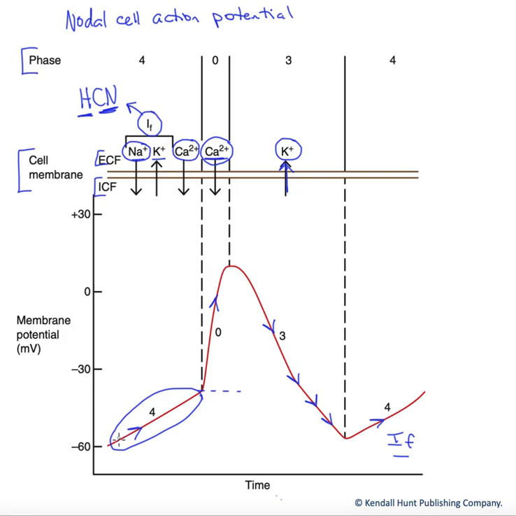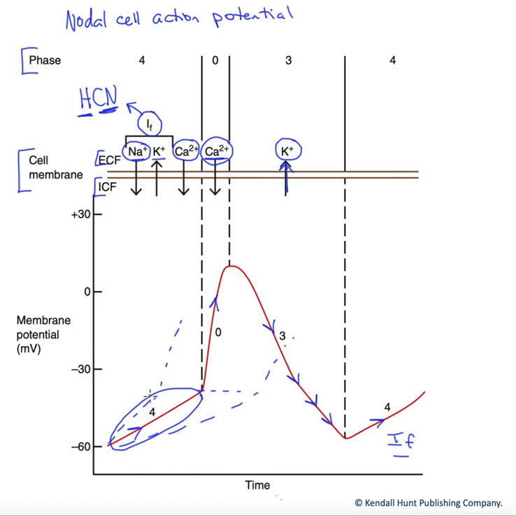And so basically what's going to happen is we're going to alter the slope of this pre-potential phase, making us get to threshold sooner or making us get to threshold slower, right? Separating our action potentials in time to differing degrees, right?